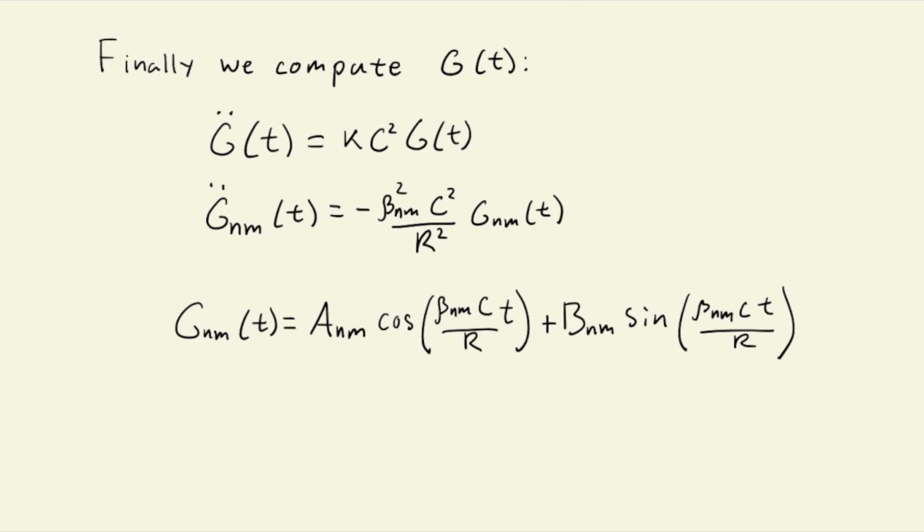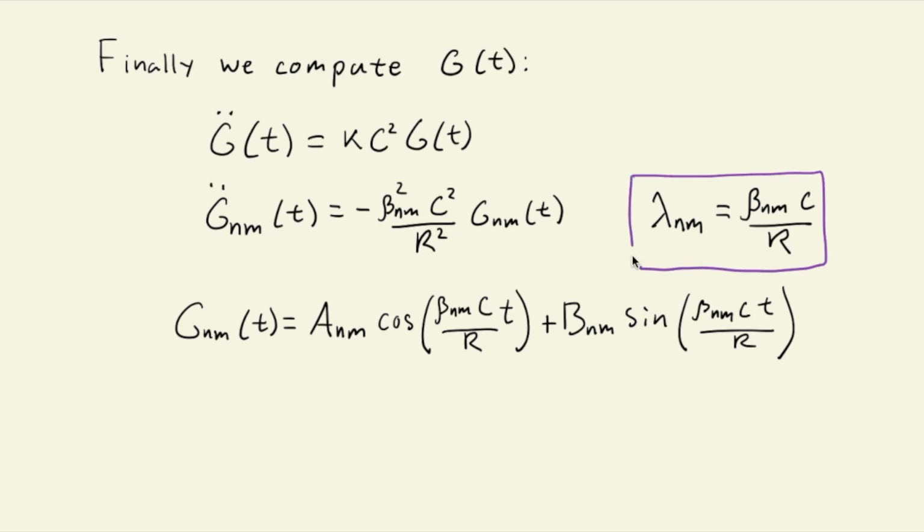Okay, and it's good to introduce a name for this scaling that you have to do inside of the cosine. So we're going to denote that by lambda. That's what we usually call lambda. So lambda n m is beta n m times c divided by r.